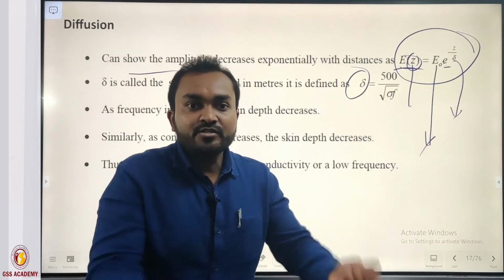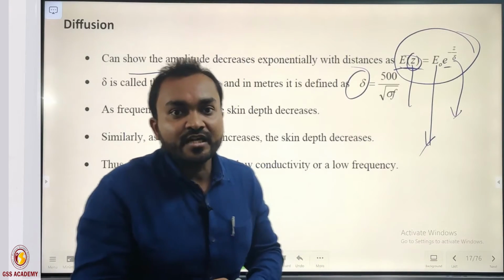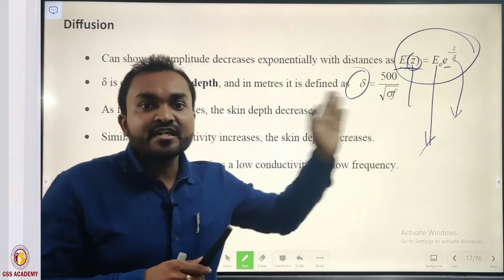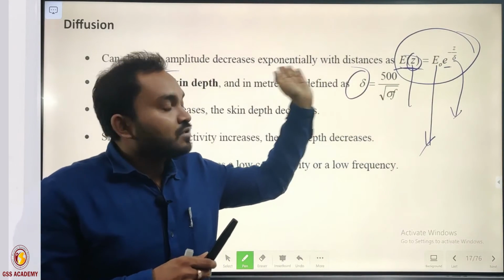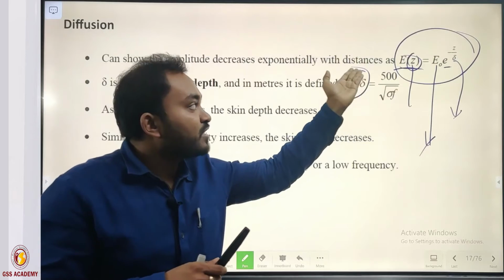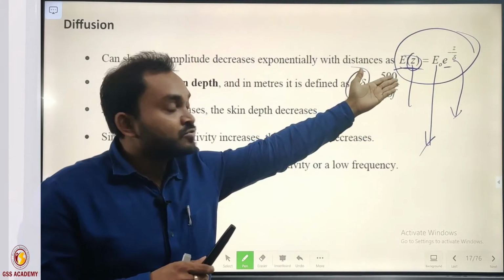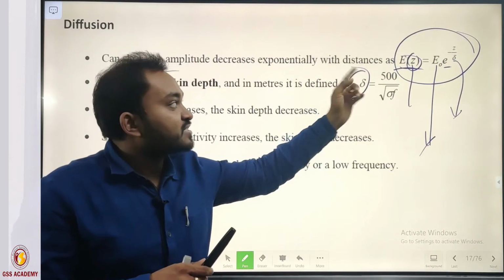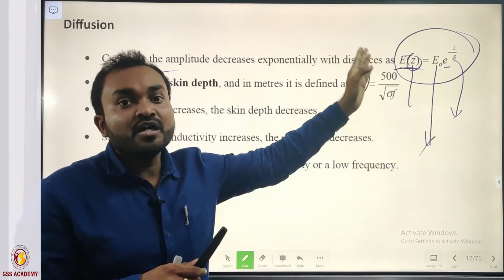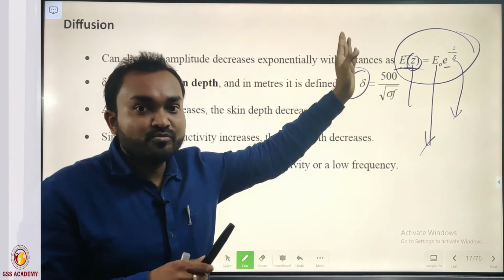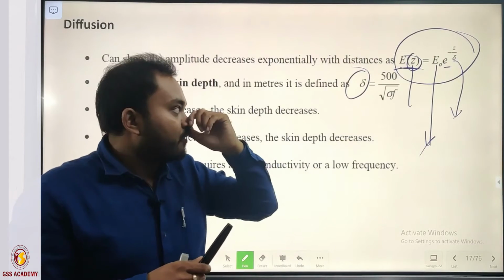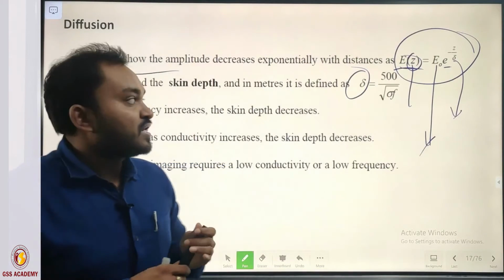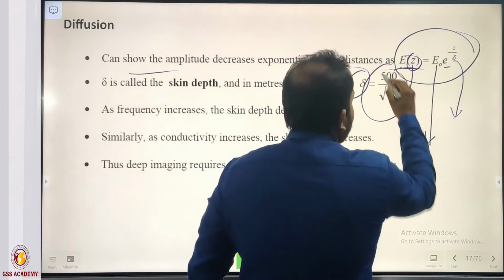That's why you are getting diffusion, and this amplitude decay due to diffusion we can express in a particular equation. We can express it with that equation, that is E(z) = E0 exponential term, e to the power minus z divided by delta, where delta is your skin depth. So skin depth basically depends on two factors.